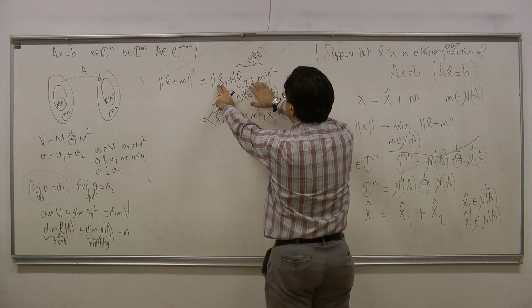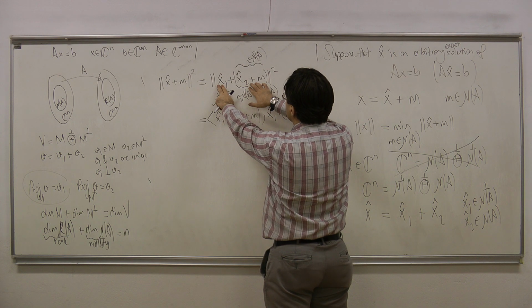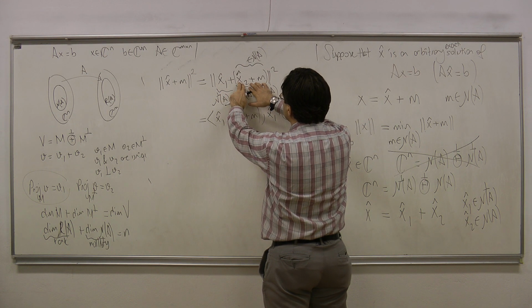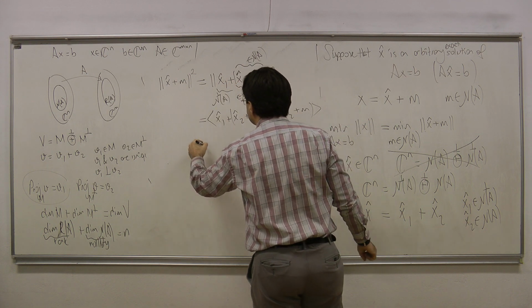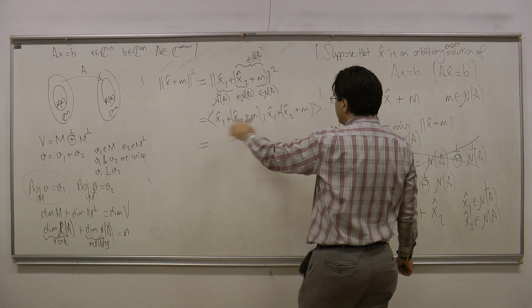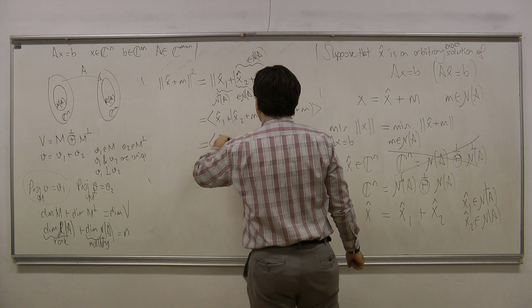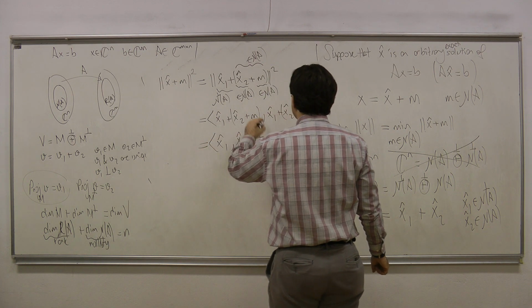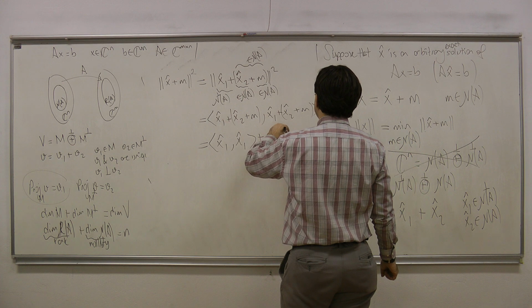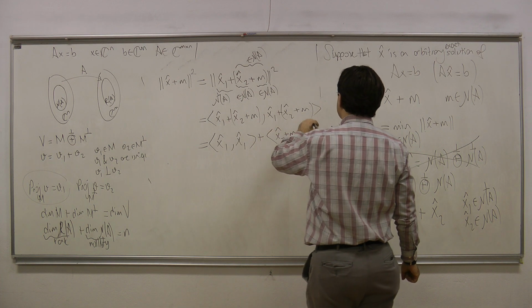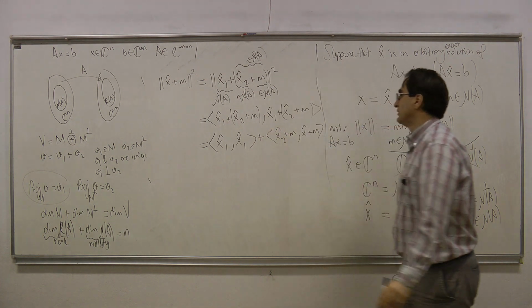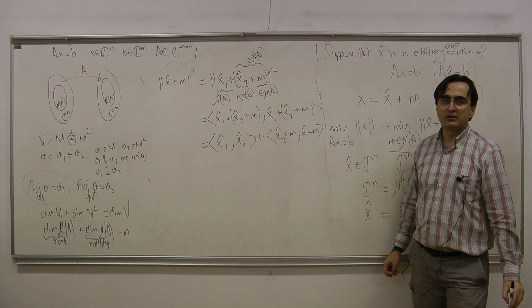Inner product of x1 hat with x2 hat plus m will be equal to 0, and inner product of x2 hat plus m and x1 hat will be equal to 0. That means that when I distribute this inner product, I will get only 2 terms. Cross inner products will disappear because of orthogonality. Okay?